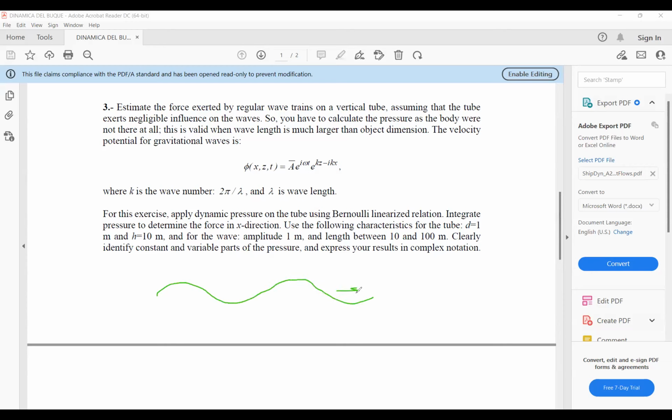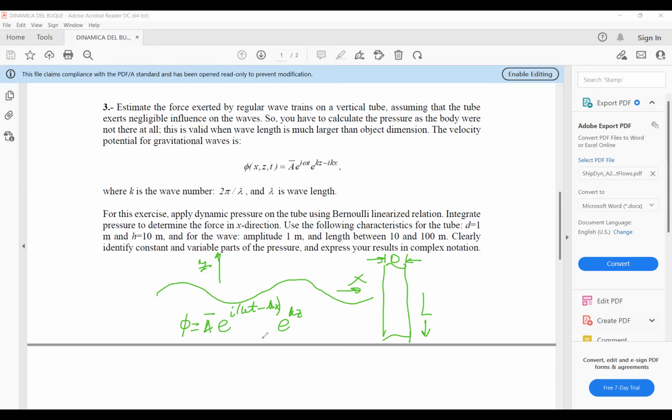This is X, this is Z. And let's suppose you have a tube here, with a diameter and height, and length. So you know that phi in this case is equal to a bar e to the I omega t minus kx e to the kz.